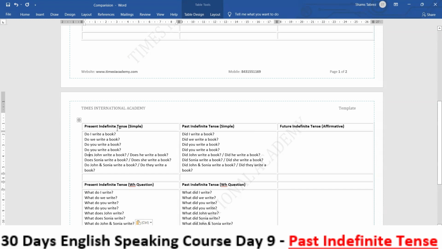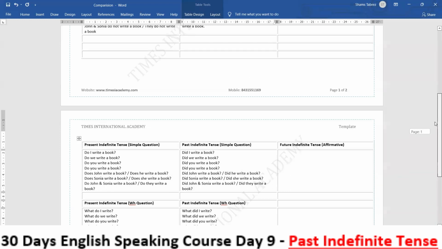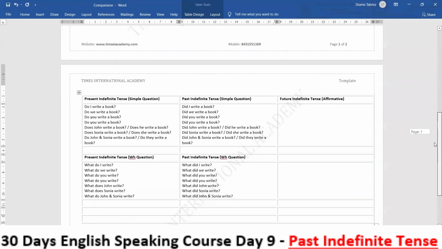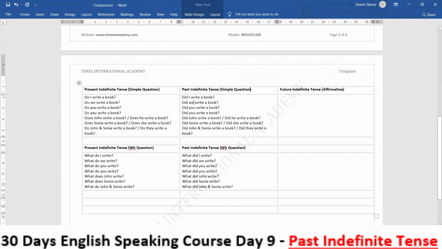And if we compare with past indefinite simple question. So this is a simple question, and this is a simple question. Because as we have seen, the helping verb did is used in past, so that is in past form. So that's why in past indefinite simple question, first helping verb, then subject, then verb.